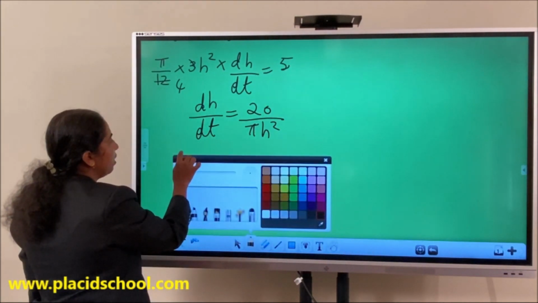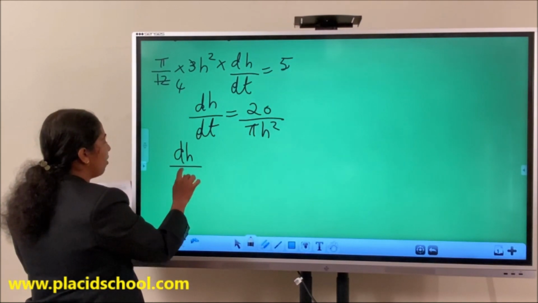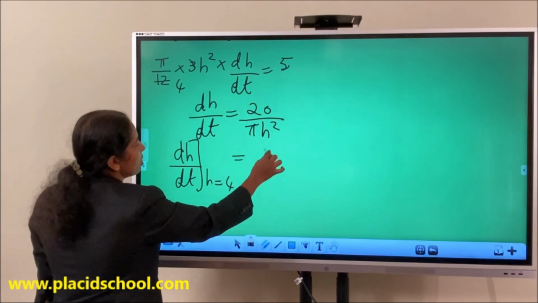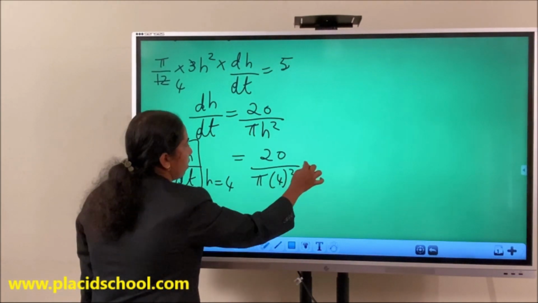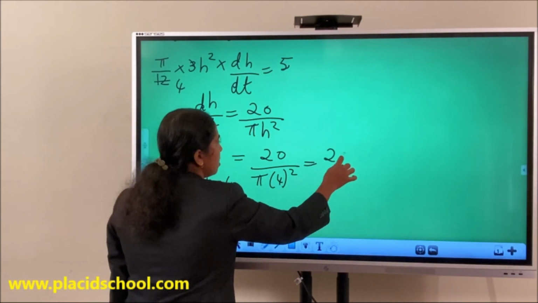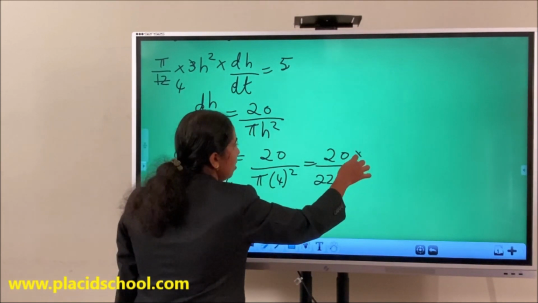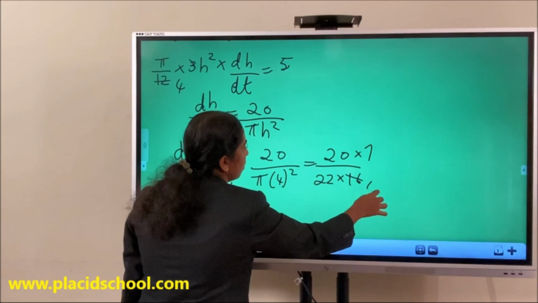Now the question is to find the rate of change in water level when height is equal to 4 meter. So this is 20 by pi into 4 square. So 20 by, substituting for pi as 22 by 7, 7 goes up and 16.